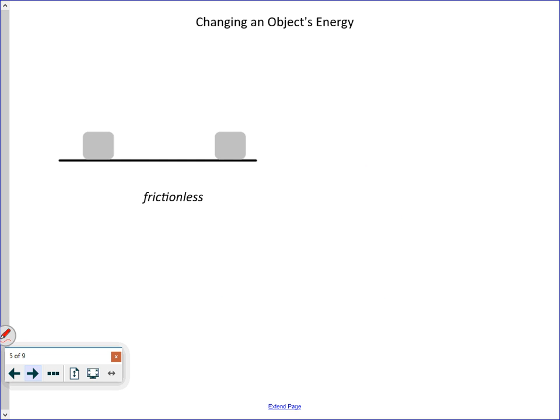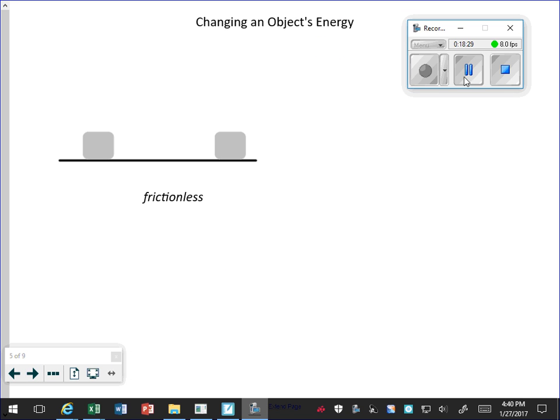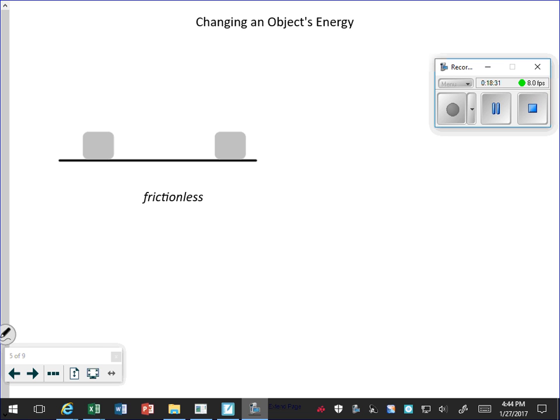Now, who cares? Let's talk about just energy, but what if we want to change something's energy? Change an object's energy. Well, if there's an object here on a frictionless surface, and I want to change its energy, bear with me. So if this object is on a frictionless surface, and all we do is this, it has to actually take this object from some initial speed to some final speed.